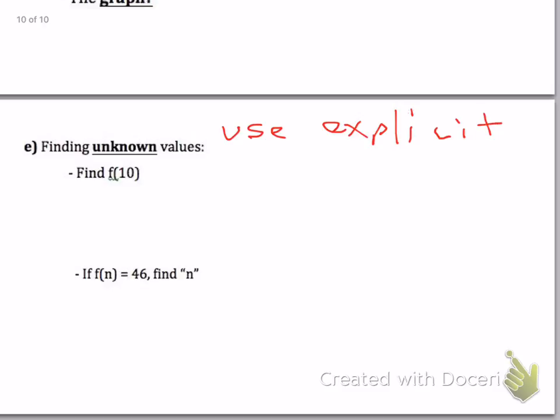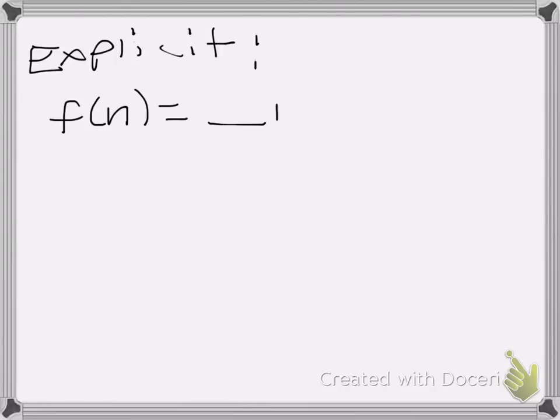And what I just realized as I was getting ready to use the explicit function is that we didn't actually write the explicit or the recursive function for that. So we're going to add a slide here, and somewhere on your paper I want you to create a space for what I'm about to show you. So the explicit function, remember, is the one that goes f of n equals mn plus b, okay?